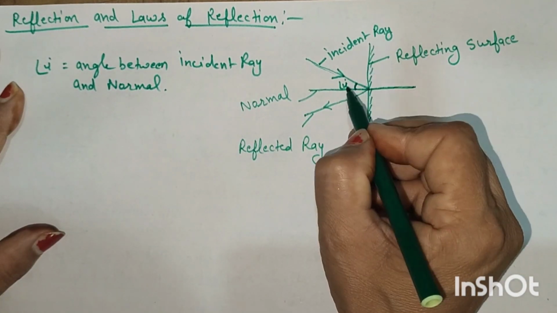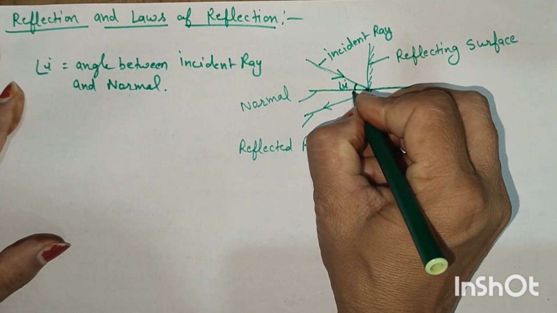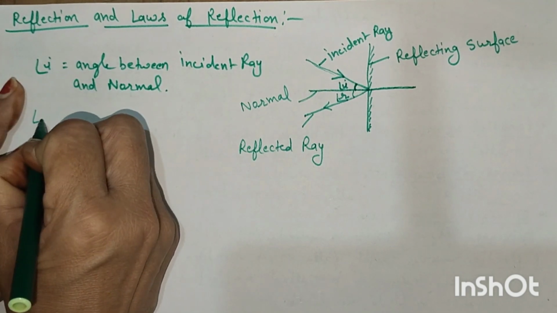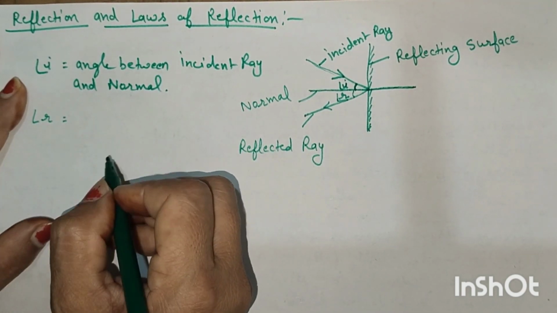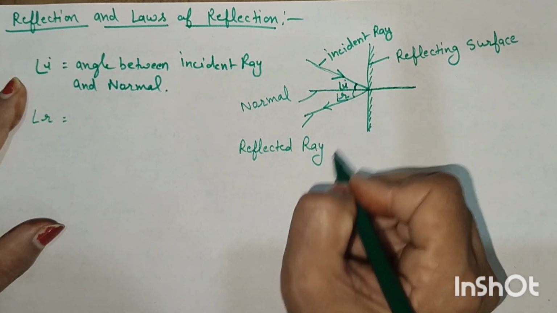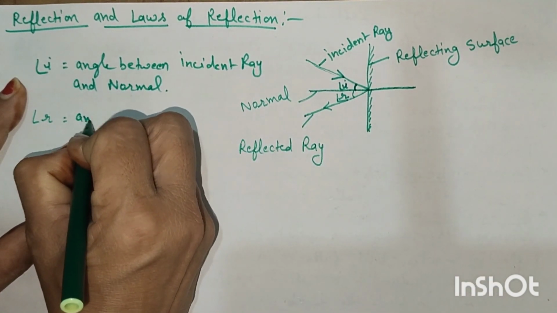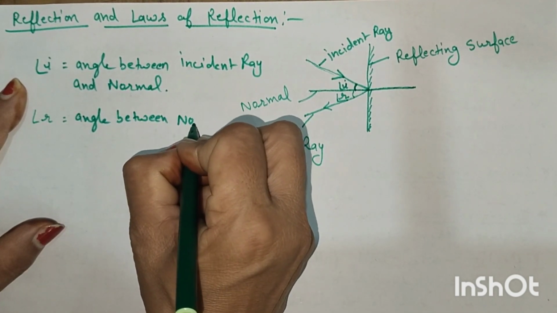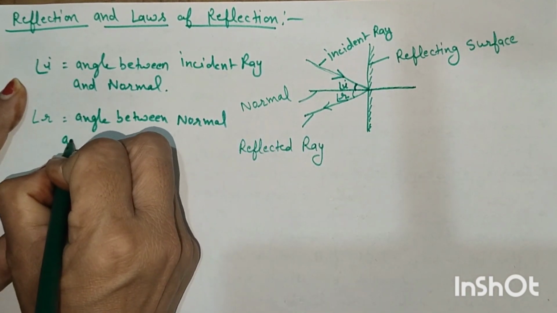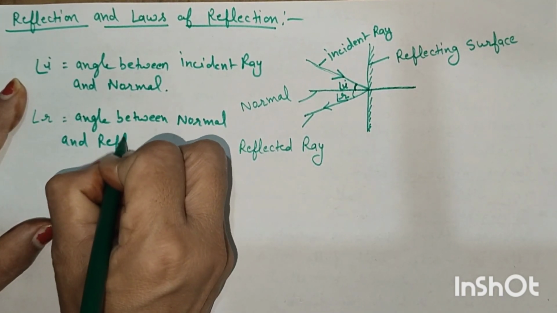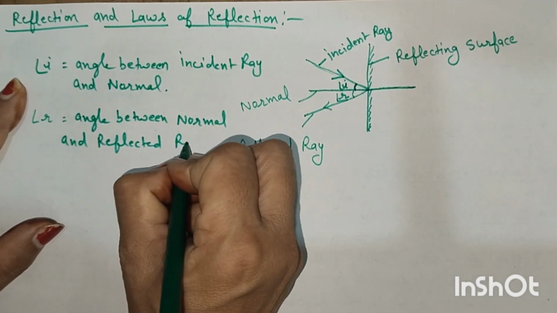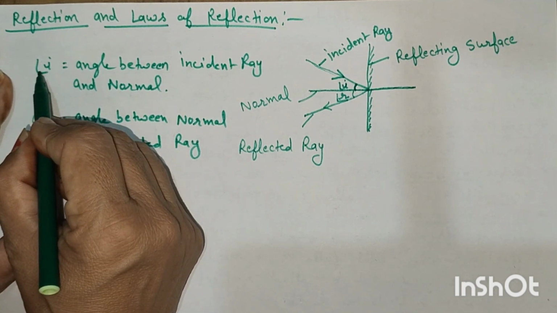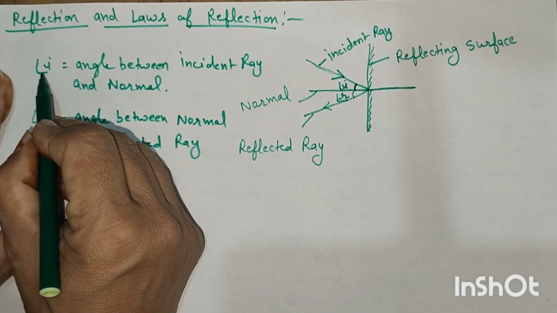Here is the angle of reflection. The angle of reflection is defined as the angle between the normal and the reflected ray. It is represented by r.